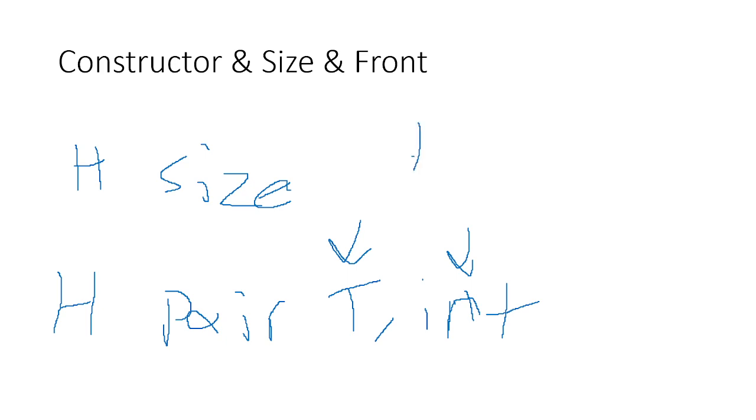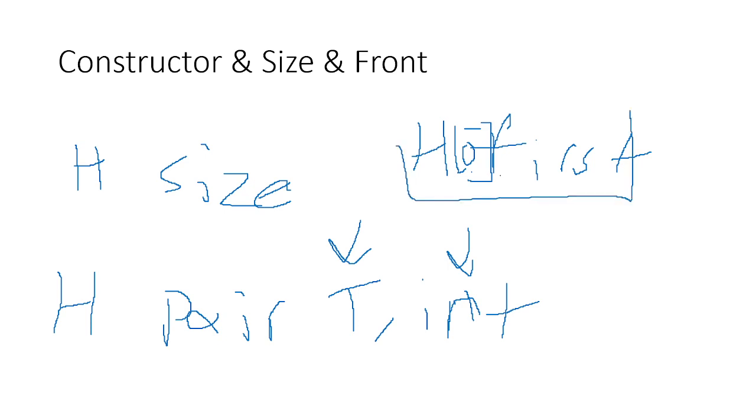So all you're going to do is h.front, or first, sorry, h.first at 0, because it's a vector and you want to get the first item from this location. And that's mostly it for these functions.